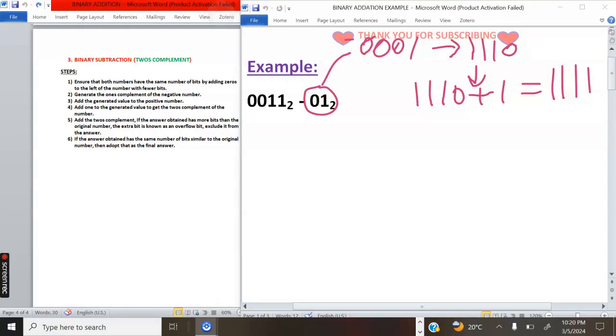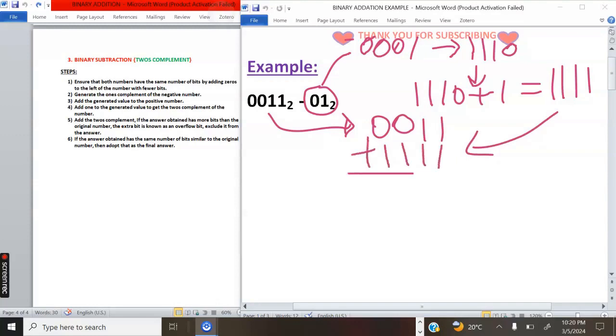Now, for the next part, we have to add the two's complement number. So our number, this one, which is 0, 0, 1, 1, and this other one, which is 1, 1, 1, 1, we are trying to add.